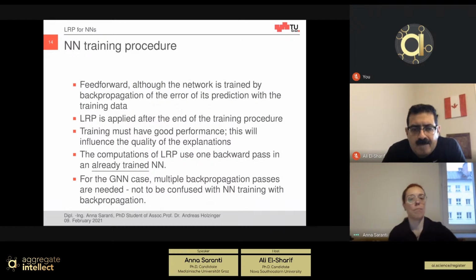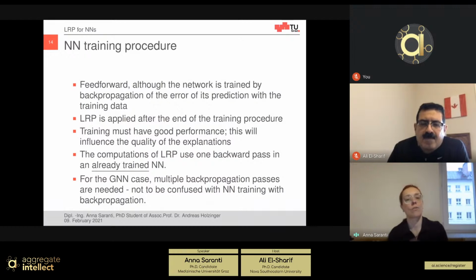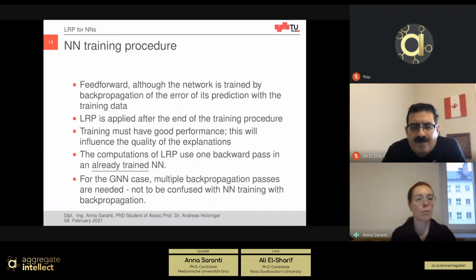Please don't mix up the backward pass of the relevance propagation that happens after the training with the backpropagation of the error that can happen a lot of times until the neural network performance converges. Okay? There's only one exception, which is the graph neural networks case, which uses multiple backpropagation passes.